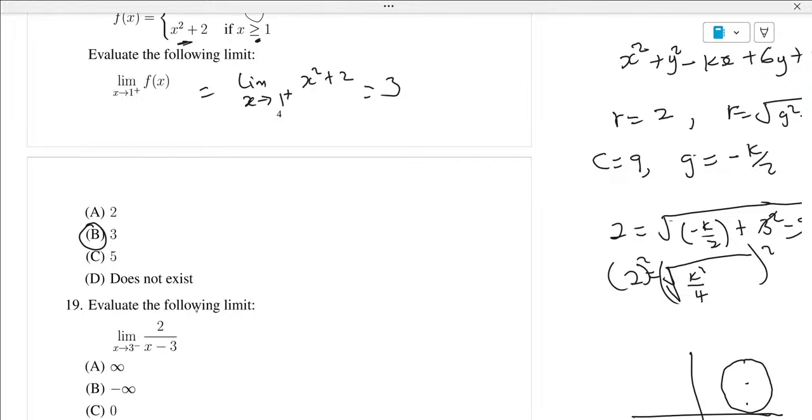Okay, so here, what is our value? I'm not seeing anybody giving me an answer. So please give me your answers.